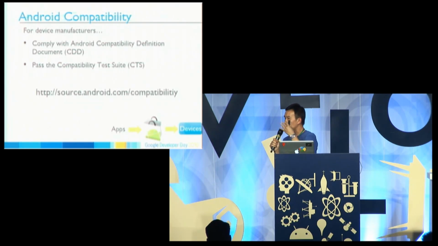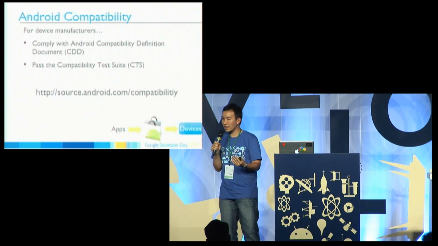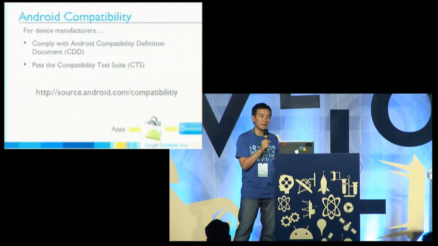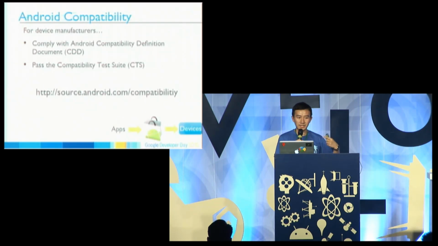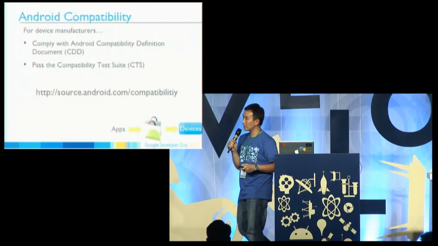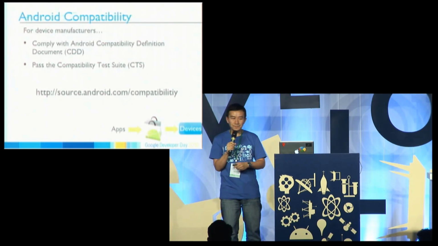It defines the minimum requirements to be compatible with Android, and to ensure that these devices checking into Android Market actually conform to a certain standard, so apps won't break. And from an OEM standpoint, they would have to make sure that they run through the CTS, Compatibility Test Suite, to make sure they are compatible.